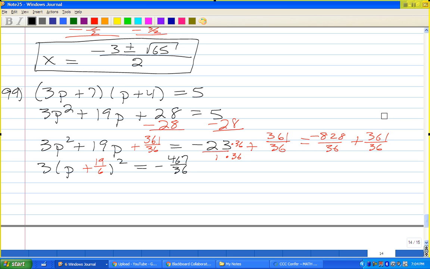And so, let me divide both sides of my equation by 3. And so I have here p plus 19 over 6 squared is equal to negative 467 over 108.